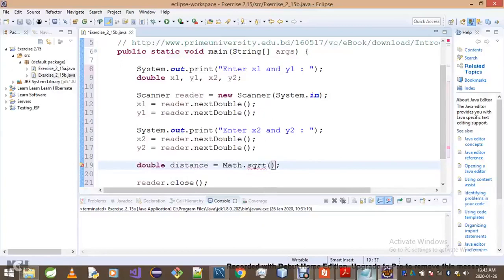And then inside that, we put what we had previously on our variable, which is simply x2 minus x1.